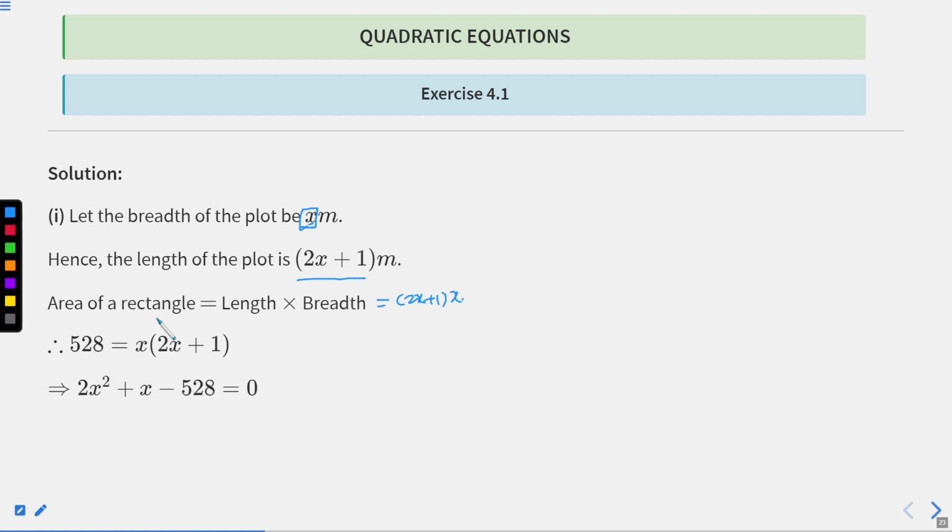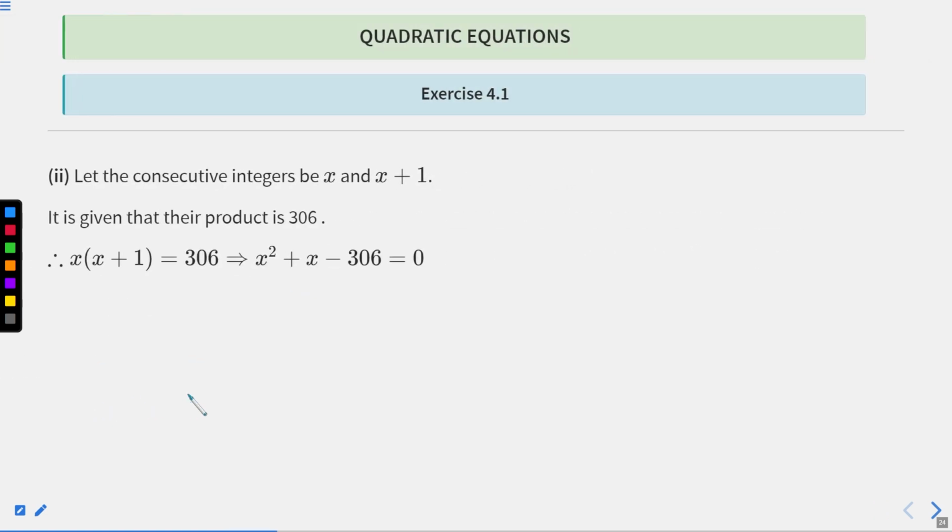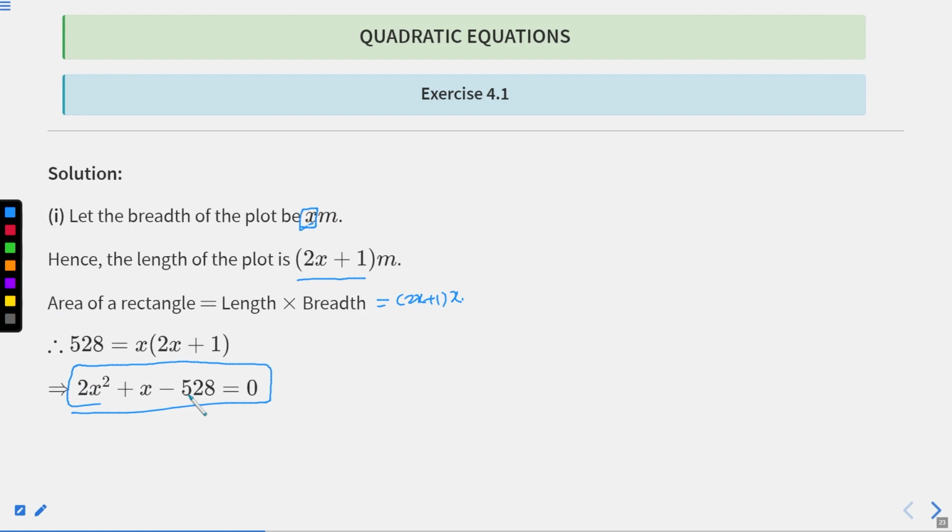If we simplify, it implies 2x square plus x minus 528 is equal to 0. So this is a quadratic equation, the representation of the following situation in terms of quadratic equation. This is the required quadratic equation.